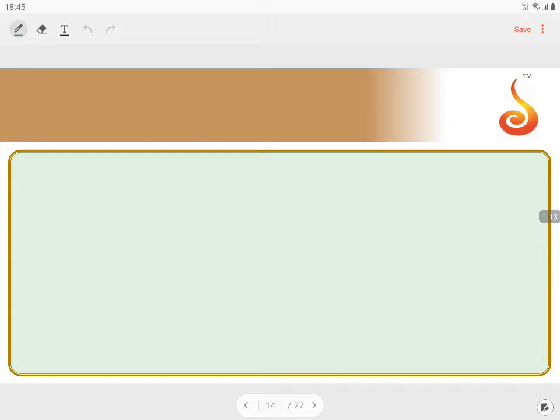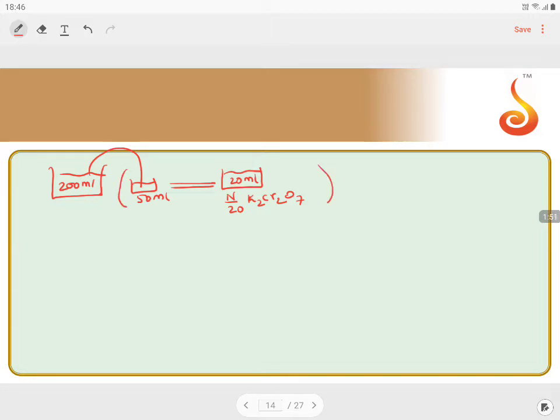So if you have a 200 ml solution, from which you have taken 50 ml, that 50 ml required exactly 20 ml of N/20 K2Cr2O7 for complete reaction. So this reaction takes place completely.